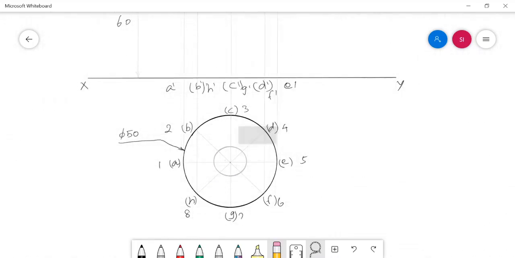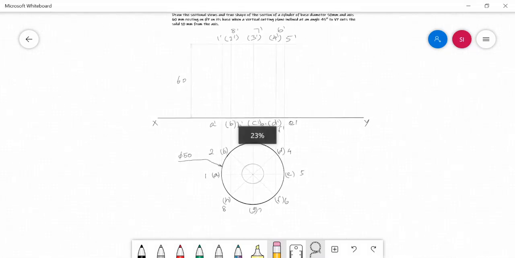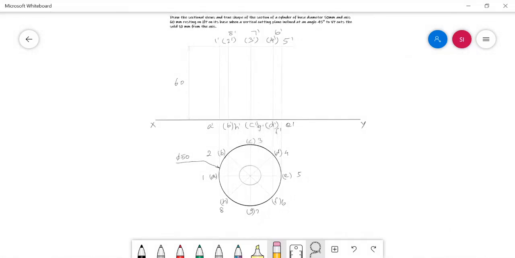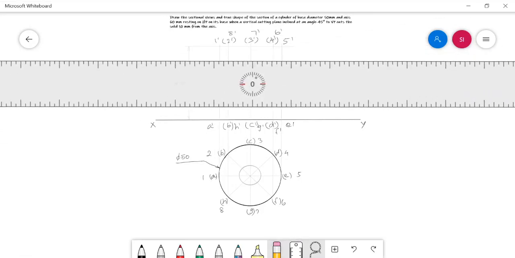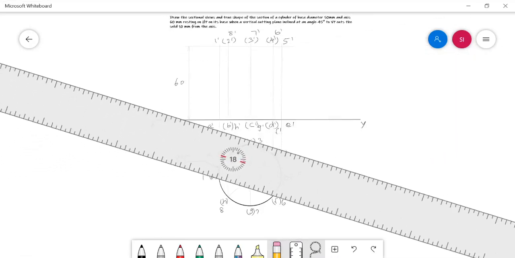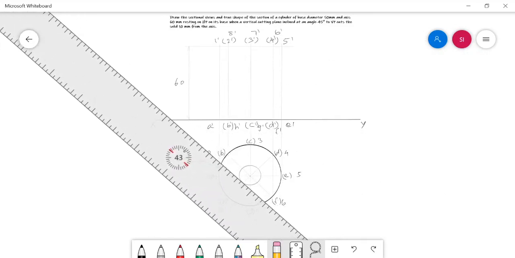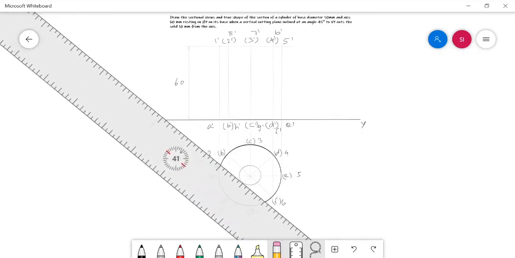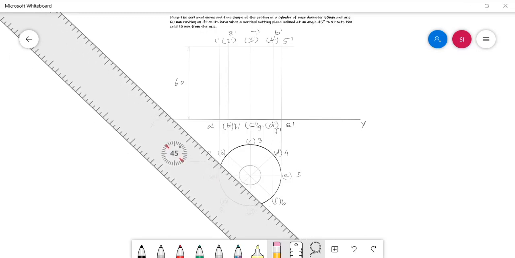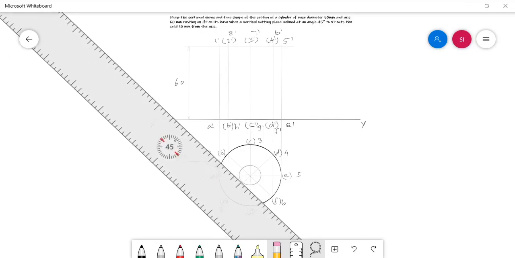Now this circle will guide us to maintain a 10 mm distance between the cutting plane and our center, that is the axis of the solid. Now the cutting plane is inclined at 45 degree to VP. This 45 degree to VP cutting plane is going to meet the solid in this way. Use the proper line format for mentioning the cutting plane.